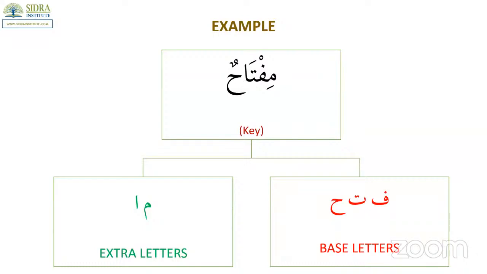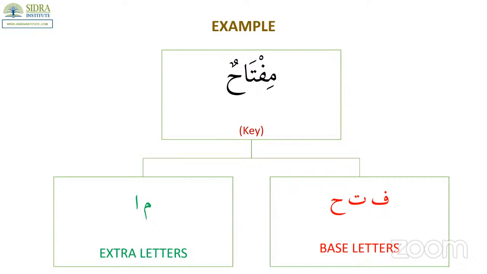If we put miftahun on the pattern of mif'alun, we will see that the letters fa, ta, and ha actually fall under fa, ain, and lam, the root letters.